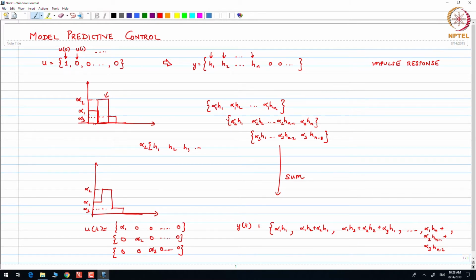Sure, no problem. If you write it that way, you will have to write it this way. Part of the reason it was historically not written this way is because that is the past, you can't do anything about the past. So, we will take this into the idea of window or moving horizon that we talked about, right. So, this is the window, and that window is just shifting.